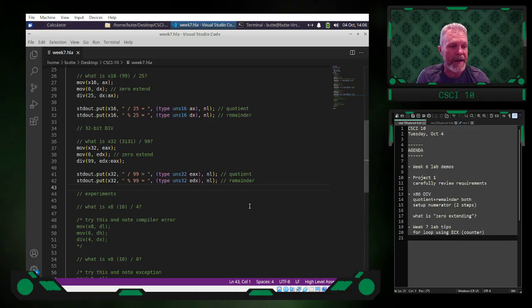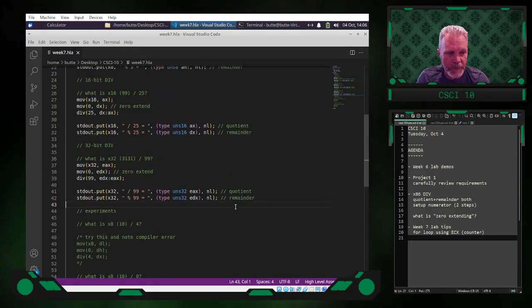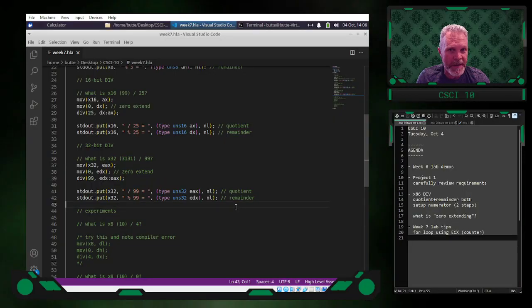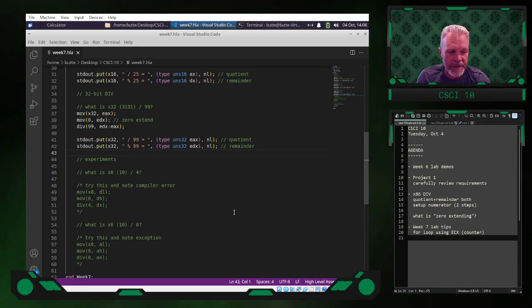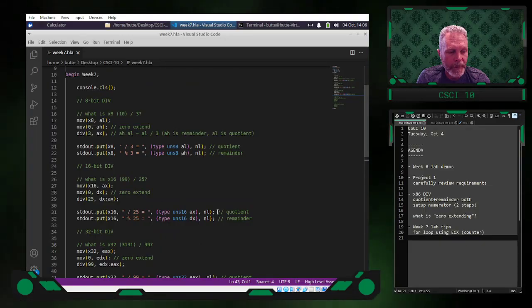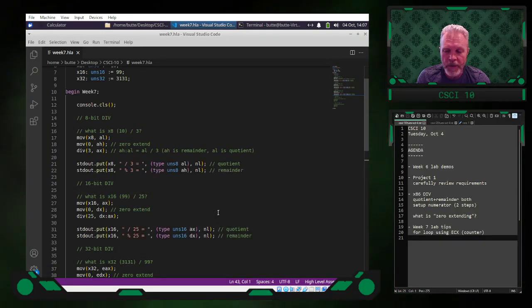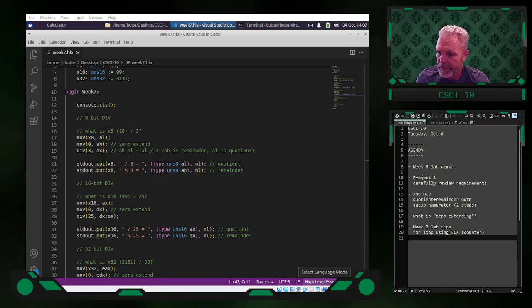Div with signed stuff is weirder. Heads up, in 3 weeks this will seem like this was way easier in the old days of the unsigned integers, when we get to the signed integers and notice how weird div can be. Okay, so there are the division samples, and I'll post those on the lecture page.